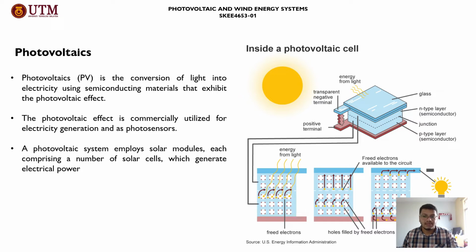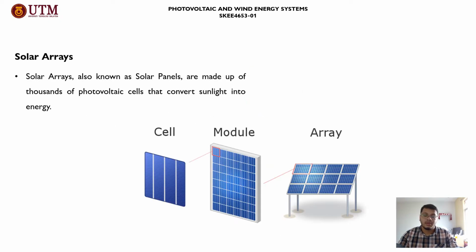When light strikes the solar cell, electrons are knocked loose from the atoms in the semiconductor material. If electrical conductors are attached to the positive and negative sides and the circuit is built up, the electrons can flow or be captured in the form of electric current. This electricity can be used to power any load.